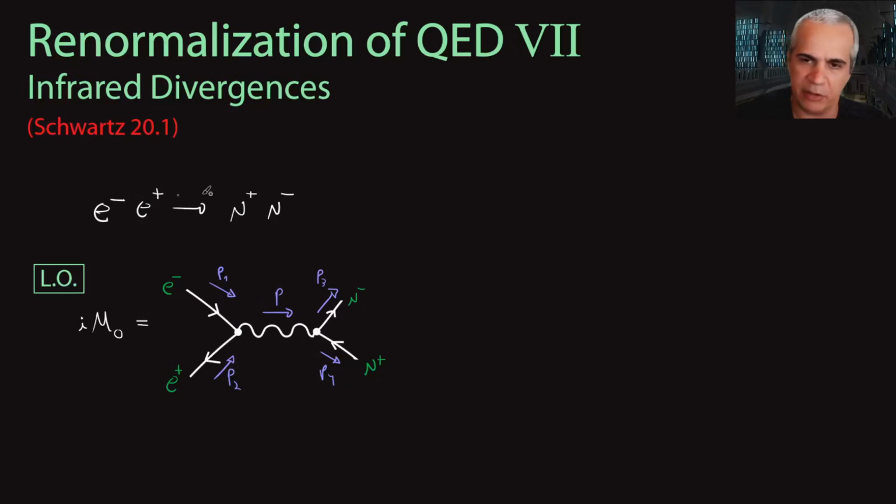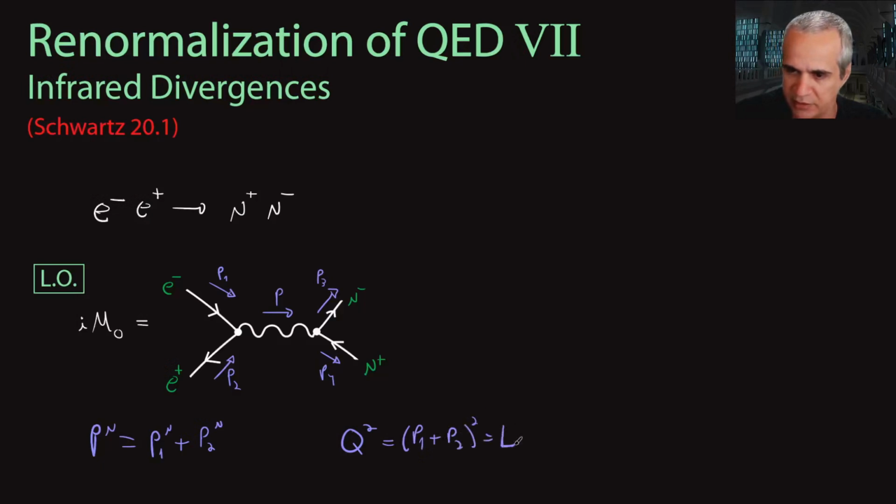And you see that because I chose 4 different states, only the S channel really contributes. P is defined as the sum of these 2 momenta, P1 and P2. In this case, since the S channel has P squared always positive, I'll define an uppercase Q here, Q squared equals P1 plus P2 squared, and that means that the center of mass energy squared, or the Mandelstam variable S, is always bigger than 0.